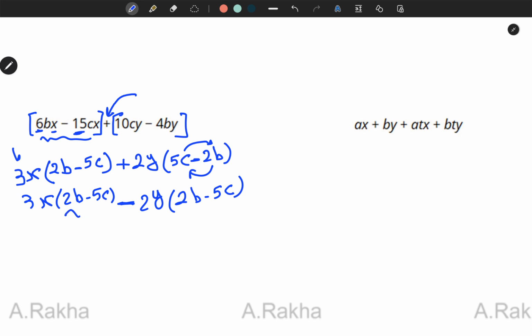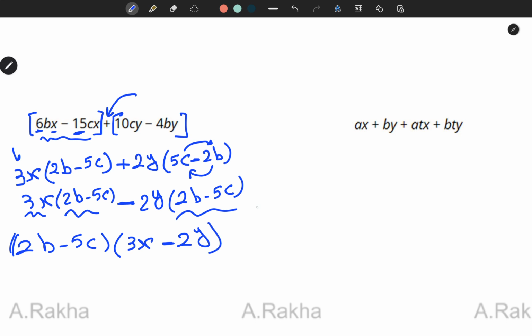Now I have the same bracket, so I can take the whole bracket as a common factor, 2b minus 5c. And after that, what will I have left here? 3x minus 2y. And this will be our final answer.